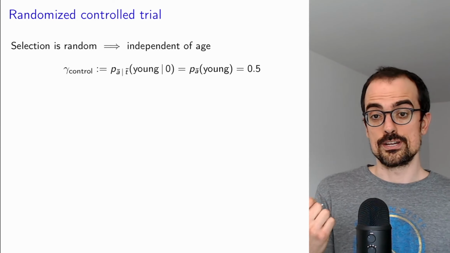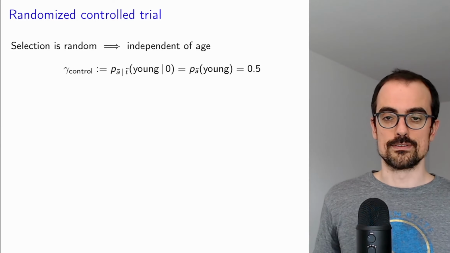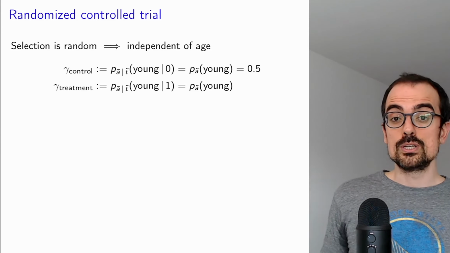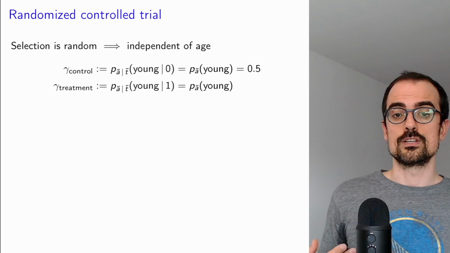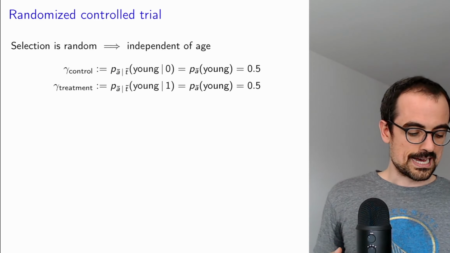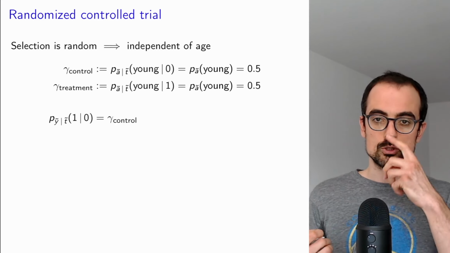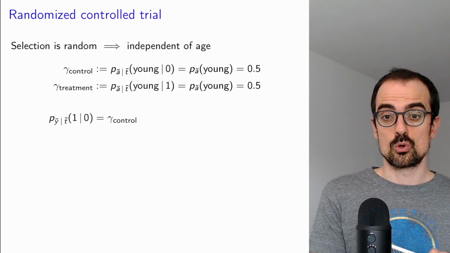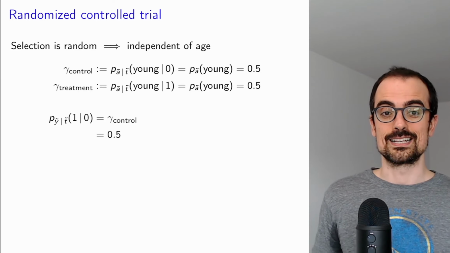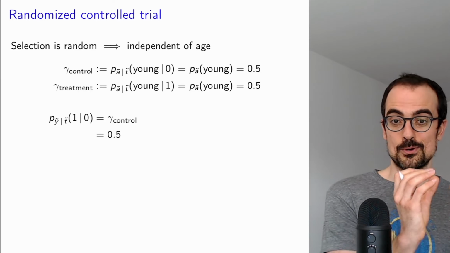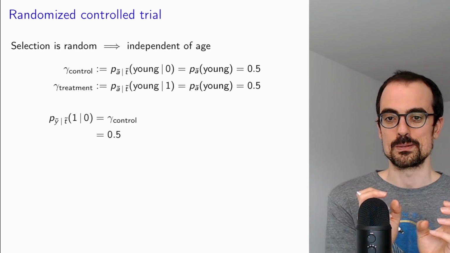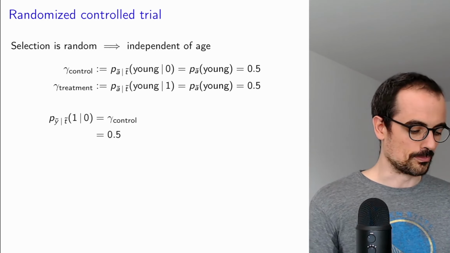Like the probability that you're young if you're in the control group is going to be 0.5. Same for the treatment group. We're going to have 50% of young people in the treatment group. And then if you compute the observed outcome in the control group, it's actually going to be exactly equal to 0.5 because the proportions of old people and young people are the same as in the general population.